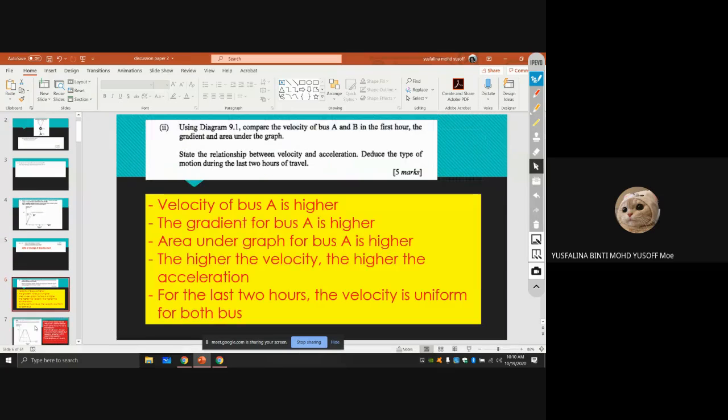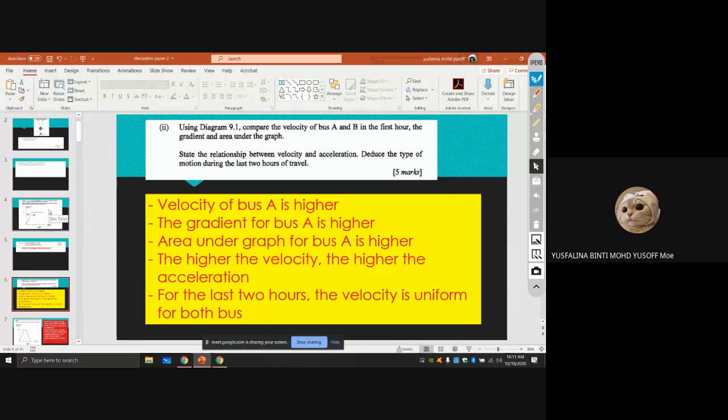The second one. Using diagram 9.1, compare the velocity of bus A and bus B in the first hour, the gradient and the area under the graph. State the relationship between velocity and acceleration and deduce the type of motion during the last 2 hours of travel.